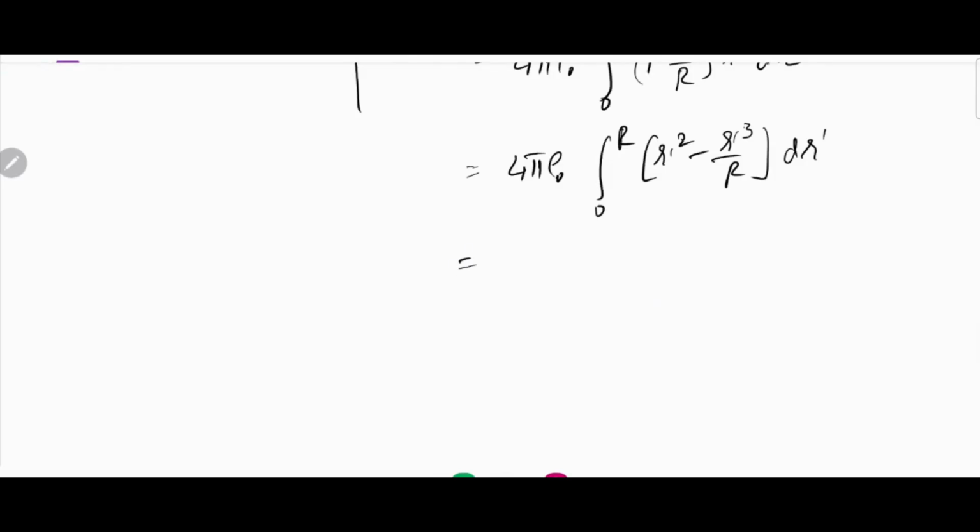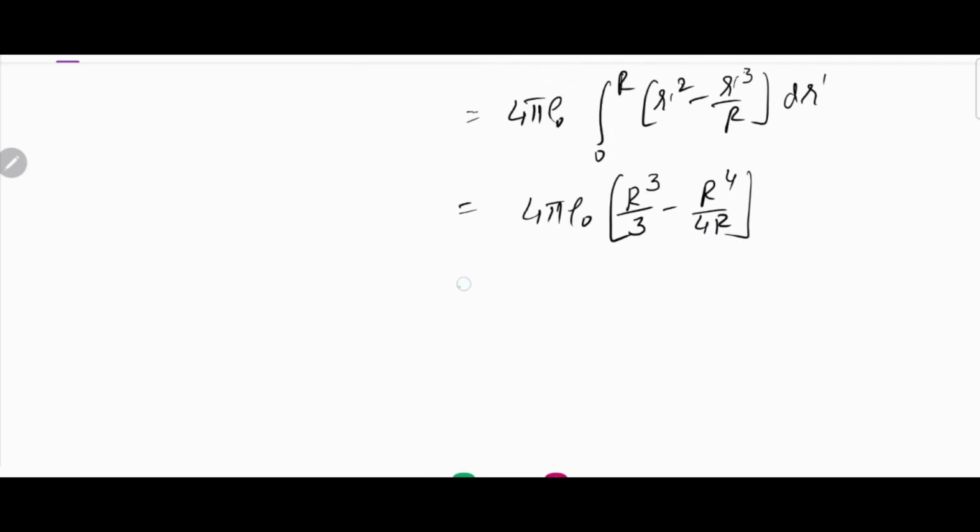If you finally solve this, you will get 4 pi rho naught into capital R cube by 3 minus capital R power 4 by 4R. Okay, if you simplify this, you will be left with 4 pi rho naught into R cube by 12, which will yield pi into rho naught by 3 into R cube.